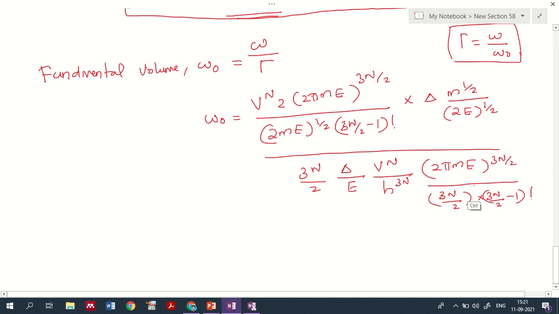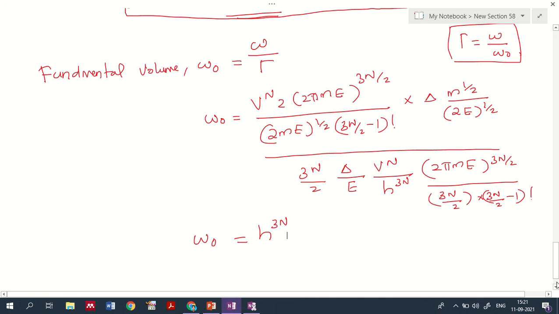When you solve this entire equation, the remaining portion is omega 0 equal to h raised to 3n. So the fundamental volume is equal to h raised to 3n, where 3n is the degree of freedom corresponding to that.